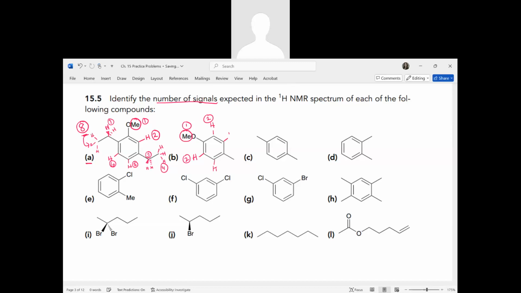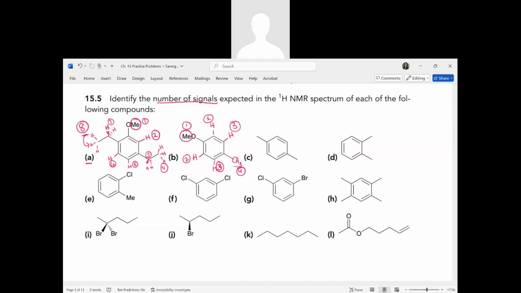Then we have these 2 protons here. These would both produce the third signal that's expected. And last we have these 3 protons here, which would produce the fourth signal. And again, the 3 protons of a methyl group are always going to be chemically equivalent.